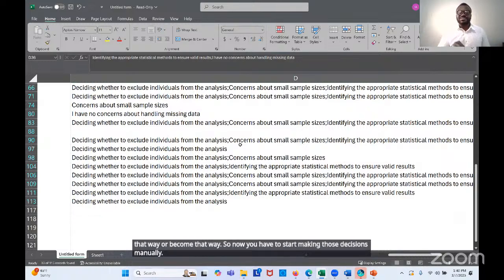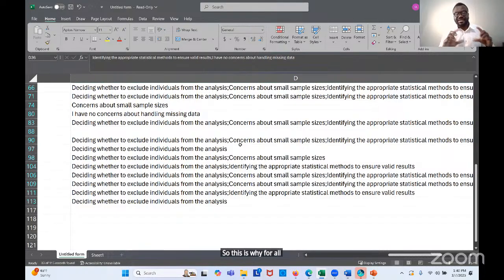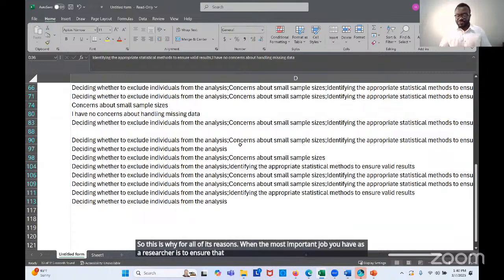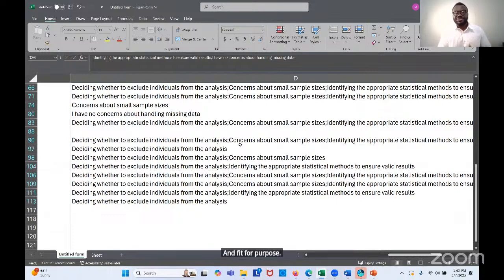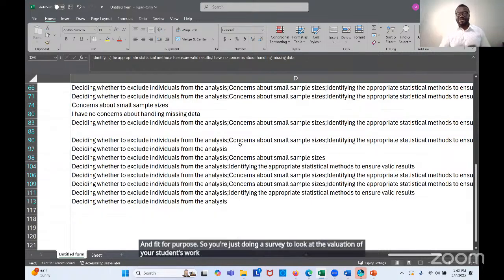So for all of these reasons, the most important job you have as a researcher is to ensure that the tools and approaches you're using are fit for use and fit for purpose. If you're just doing a survey to look at evaluation of your students' work or an invitation to an event, sure, you can use any tool you want.